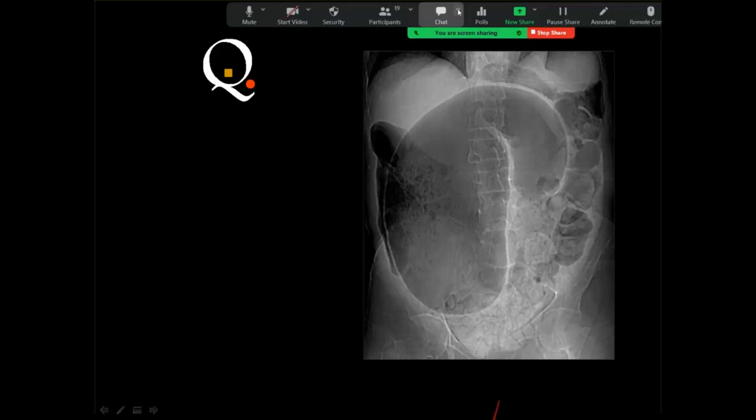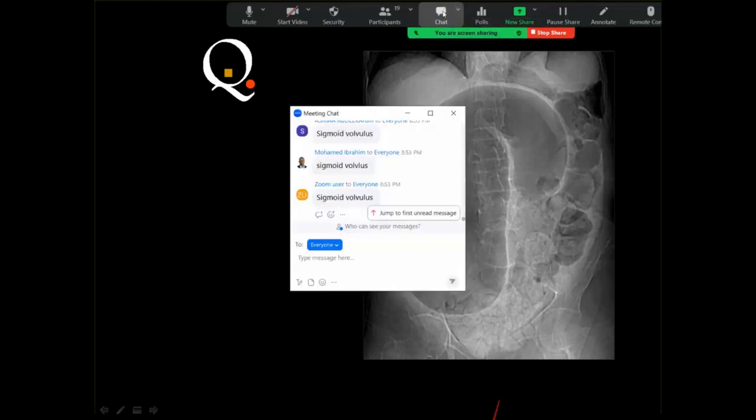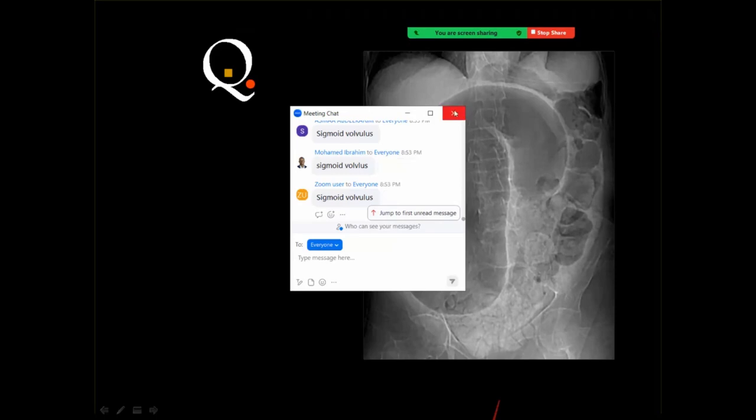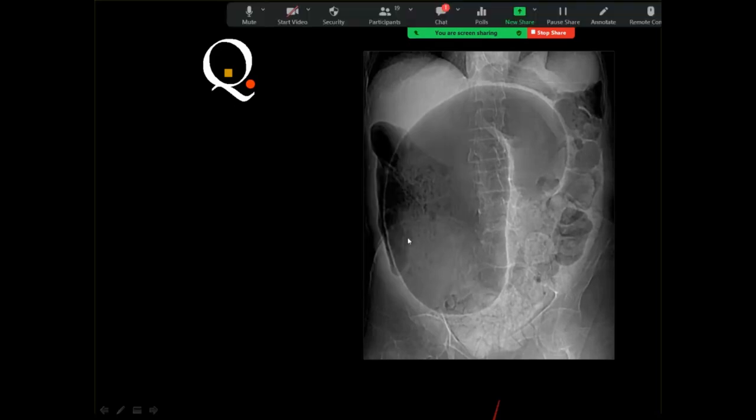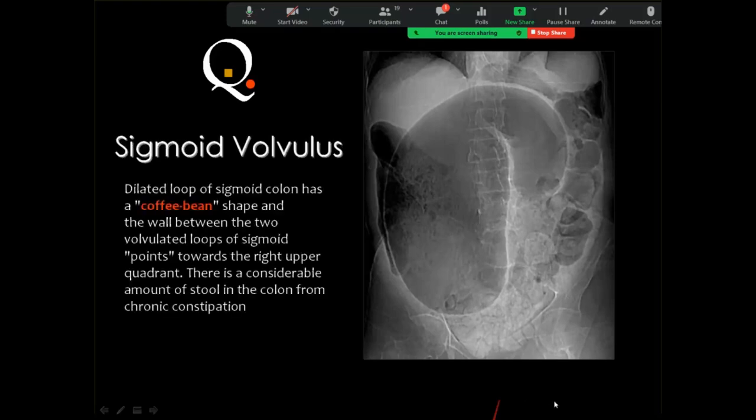Okay. Yes. This is an easy diagnosis, and you got the coffee bean sign. The sigmoid colon is markedly dilated and bent on itself, the two loops forming the characteristic coffee bean sign, and this should not be mistaken in the plain film for any other diagnosis.